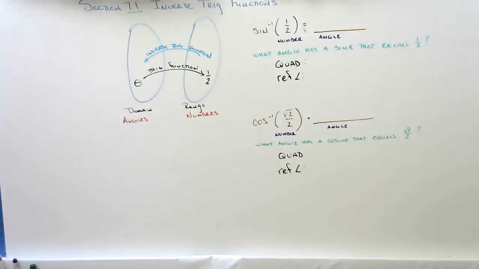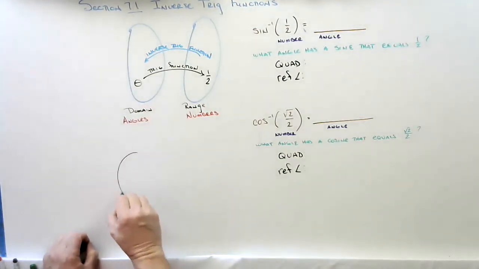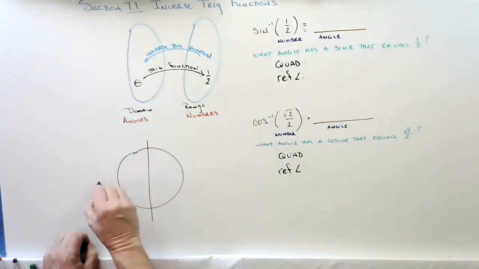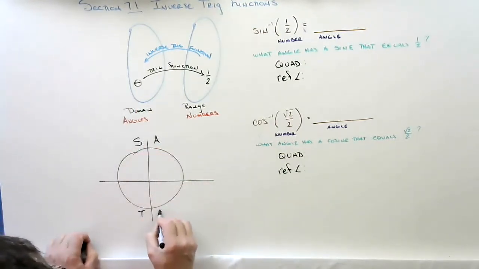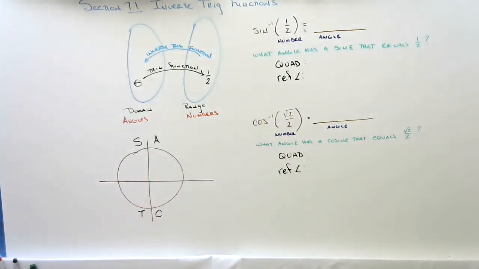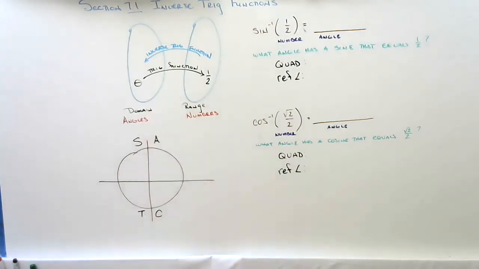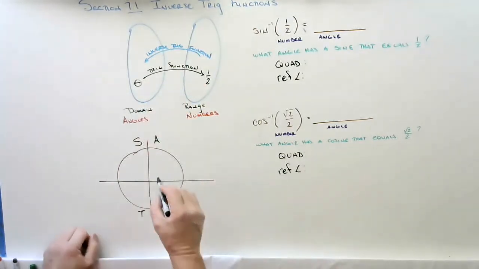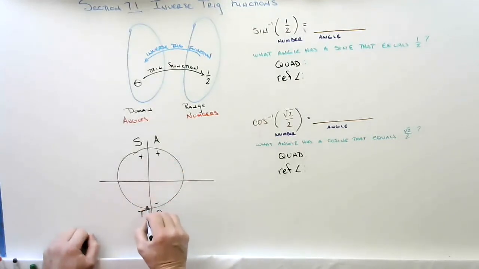And we know something about that process. To answer that question, we draw the unit circle. We say all students take calculus. We need sine to be positive 1/2. Sine's positive here and here, negative here and here.